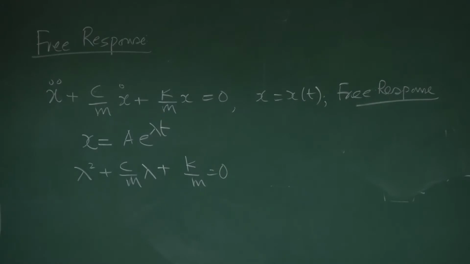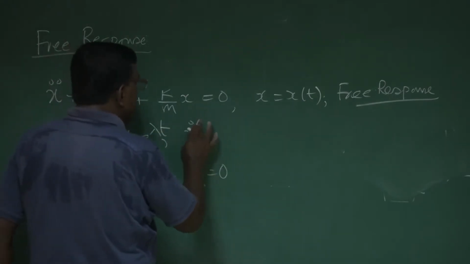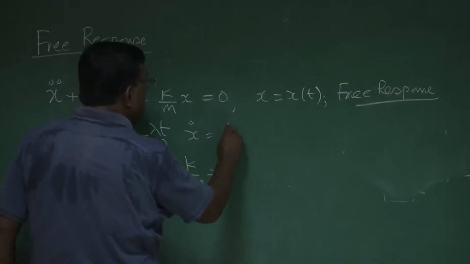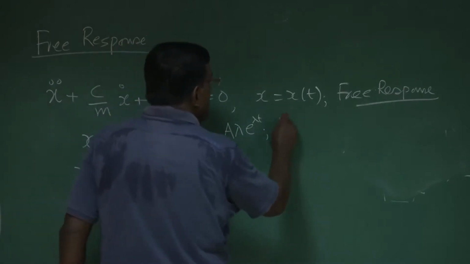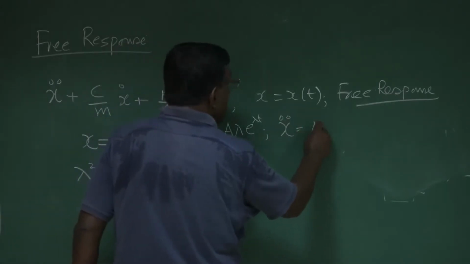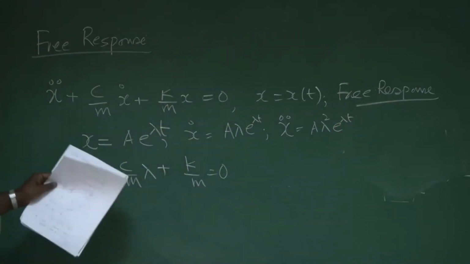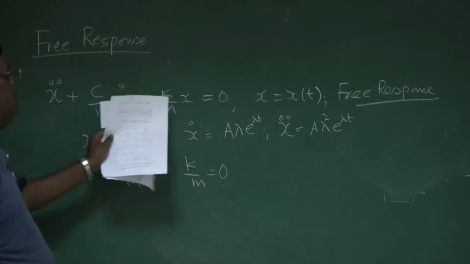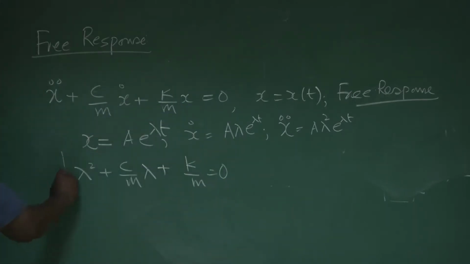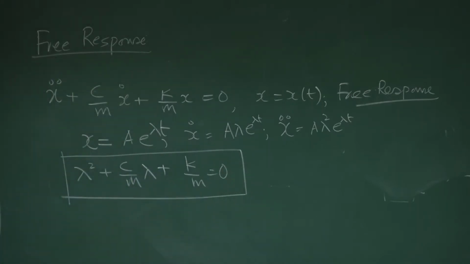From x, you find x dot and x double dot. x dot will be lambda e to the power lambda t, then x double dot will be lambda square e to the power lambda t, and when I substitute this expression for x, x dot, x double dot here, I get a characteristic equation of this form, where lambda are the roots of this characteristic equation.